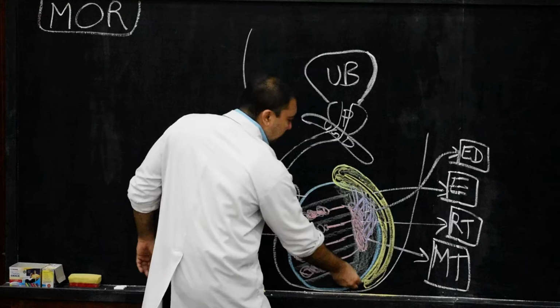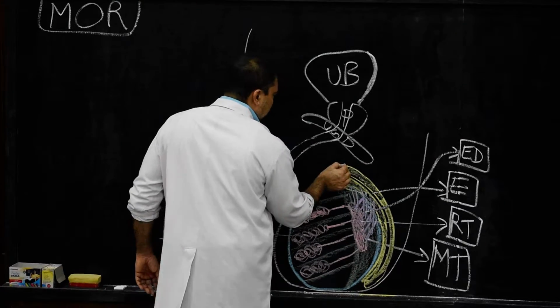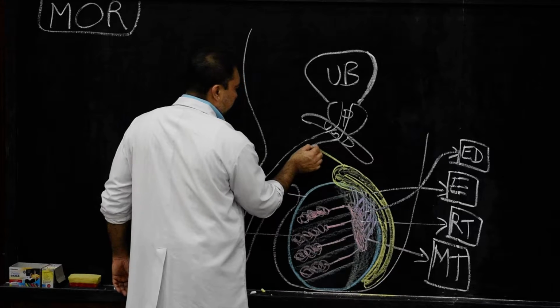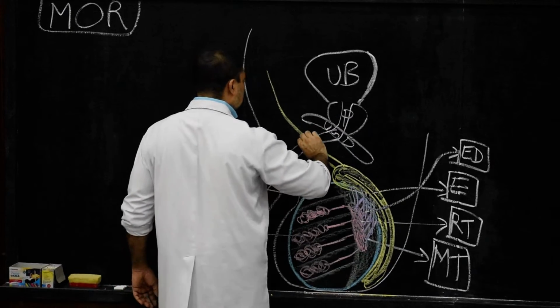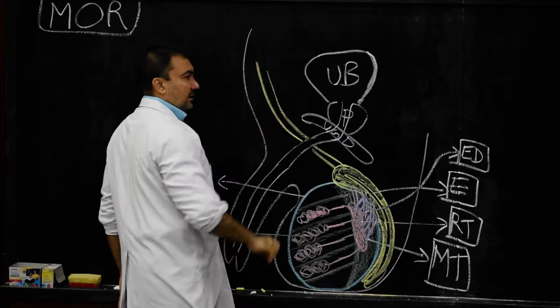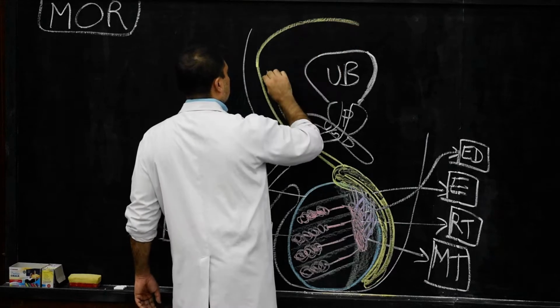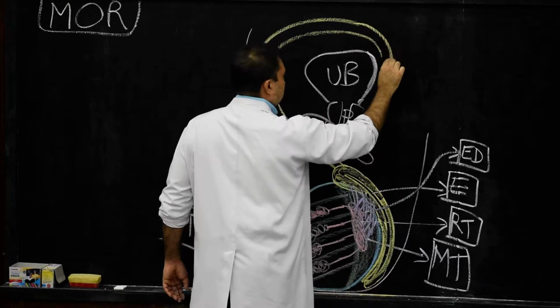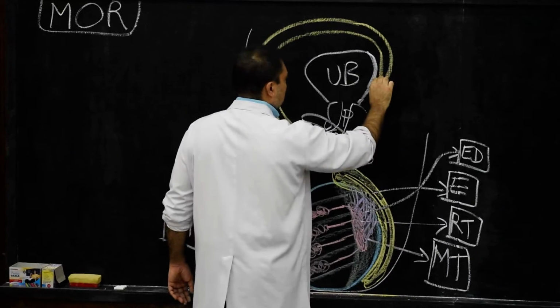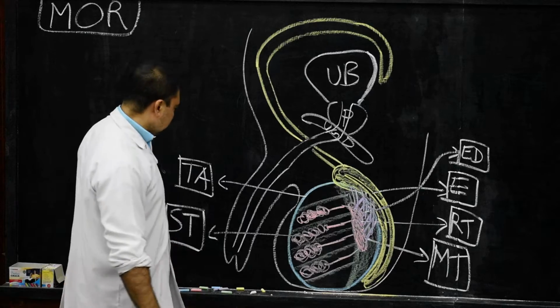As the vas deferens continues medial to epididymis, we show it over here, it will travel along the inguinal canal, then the lateral pelvic wall, and then it will pass behind the bladder where it will join with the seminal vesicle.